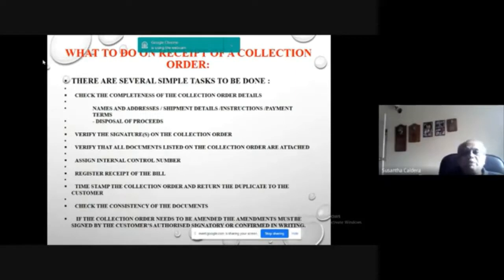Then disposal of proceeds. How we have to dispose the proceeds, how to get the money, right?